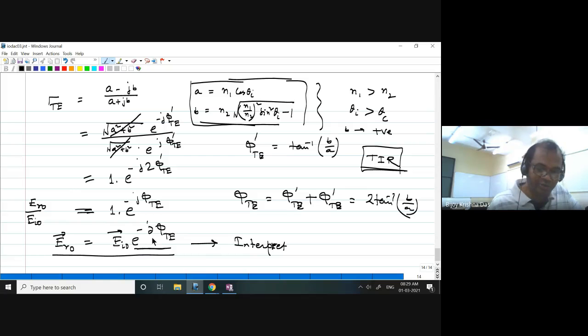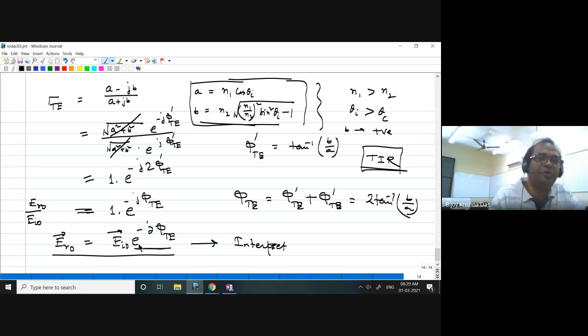So good. Then what is this interpretation? Total internal reflection, and there will be some kind of phase acquired when reflecting. This is very, very important: when total internal reflection takes place, it is not enough to say that everything is reflecting back, that power is reflecting back, but we have to consider that phase.